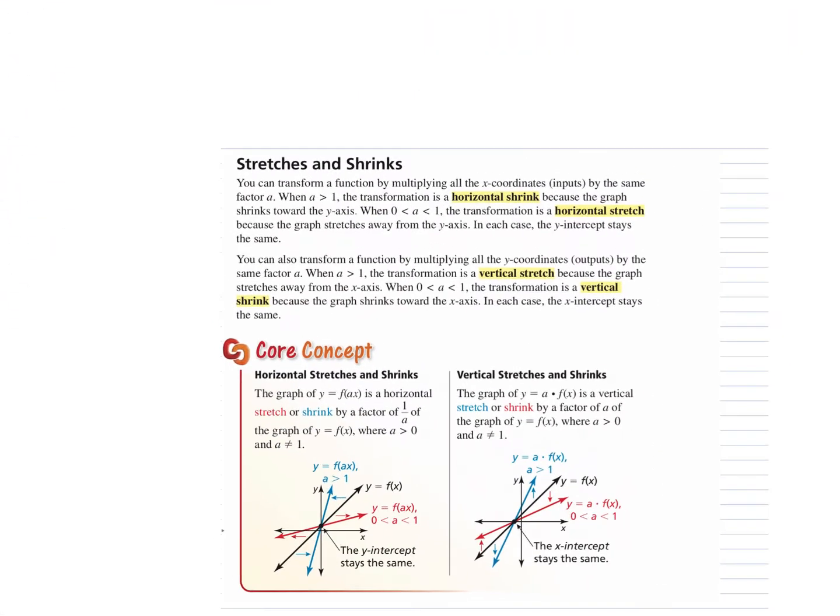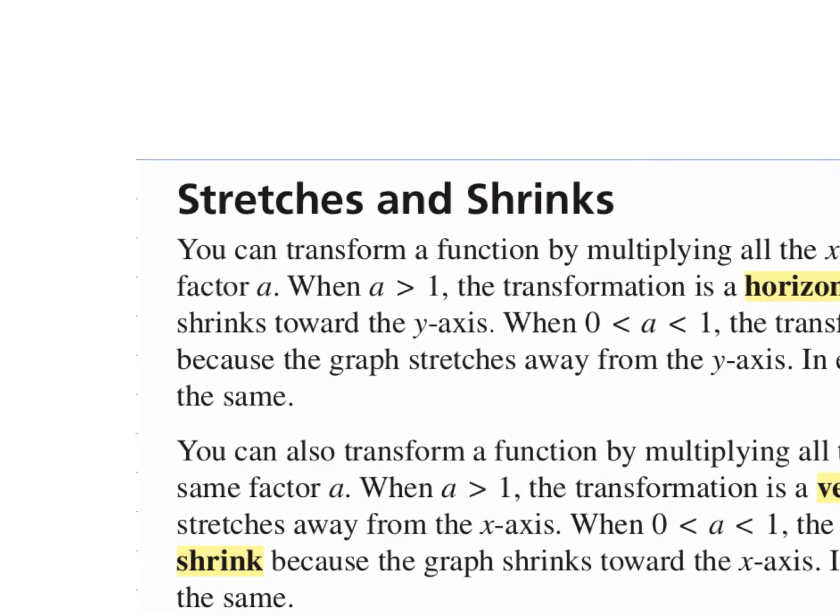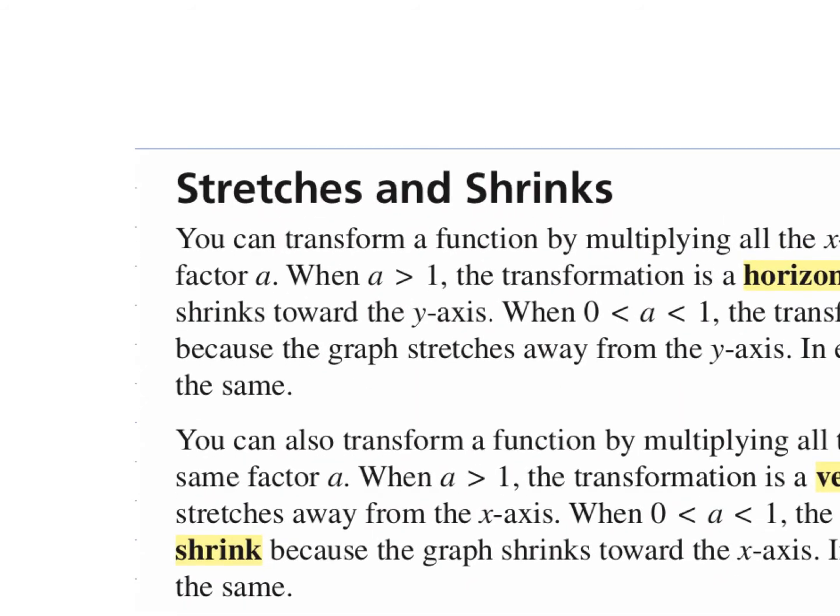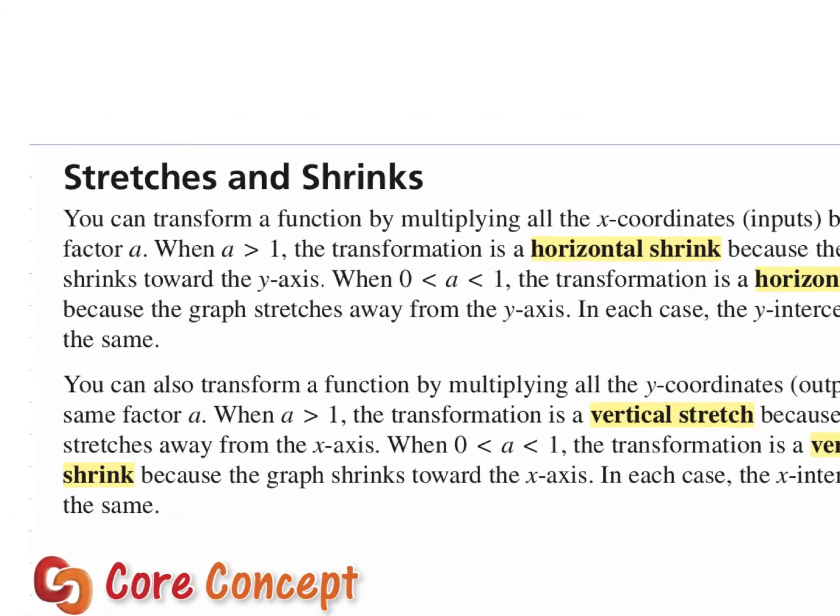So the last thing that we're going to talk about in this lesson, guys, is stretches and shrinks. Okay? So we have translations, we have reflections, and we have stretches and shrinks, okay? Write this down.